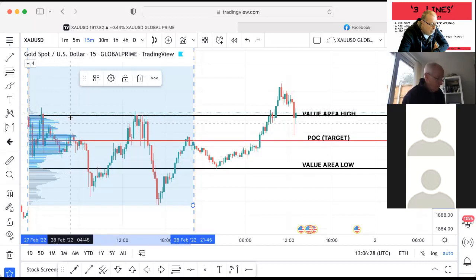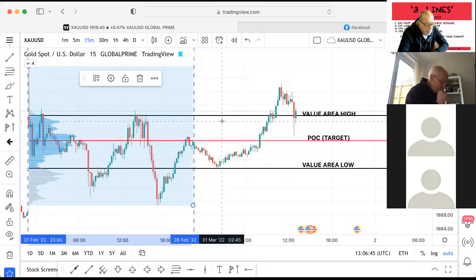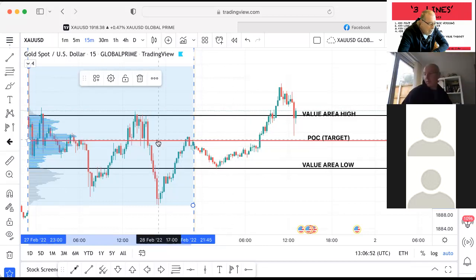From the top black line to the bottom black line, bear in mind this is yesterday's chart, we're looking at yesterday's value area high and yesterday's value area low, and that gives us our field of play for today. Because this was the peak of all trades yesterday, it was yesterday's point of control, which becomes today's target.